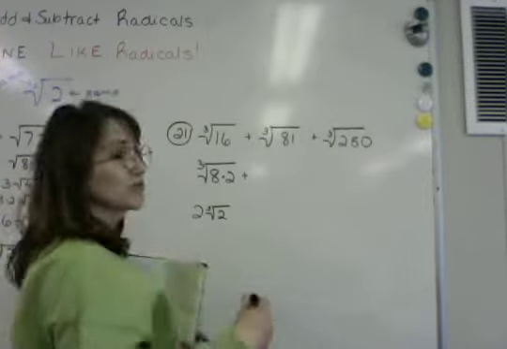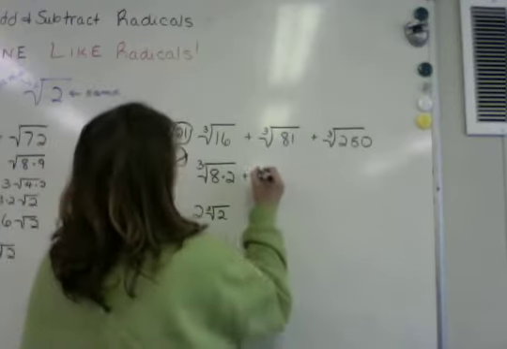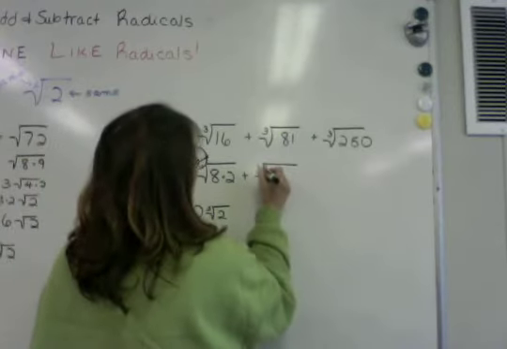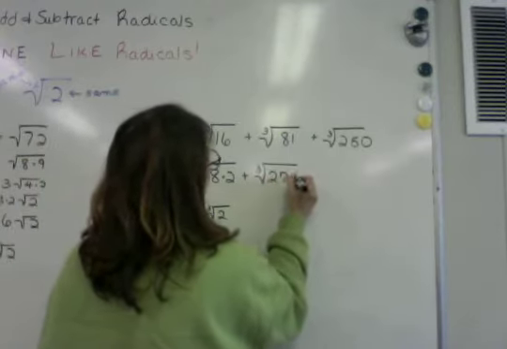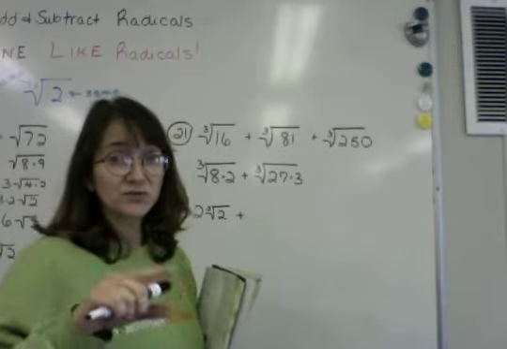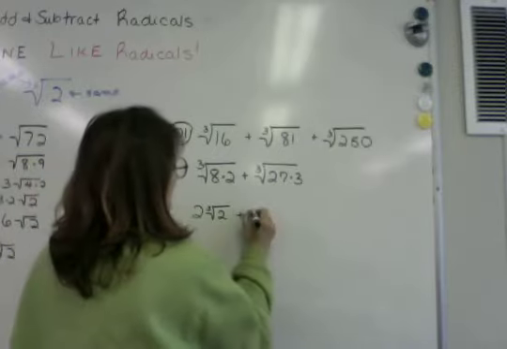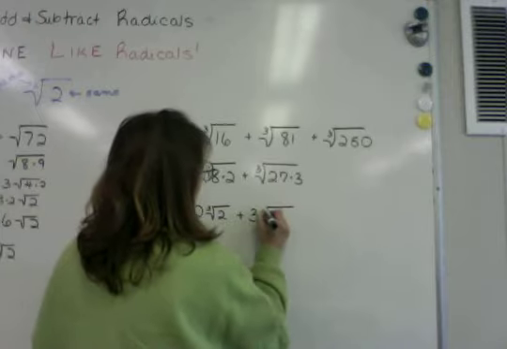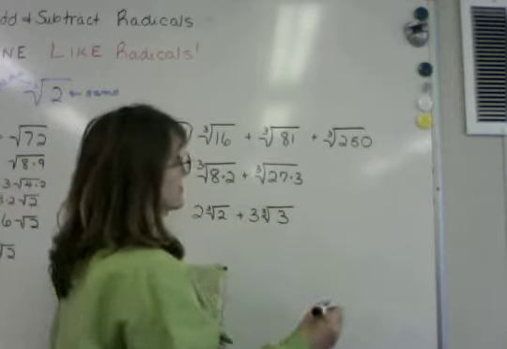And then you're going to find your perfect cube. So your perfect cube there would be 27 times 3. This is a perfect cube. So I'm going to bring 3 out of that, because remember, 3 times 3 times 3 is 27. So it's 3 to the radical of 3.